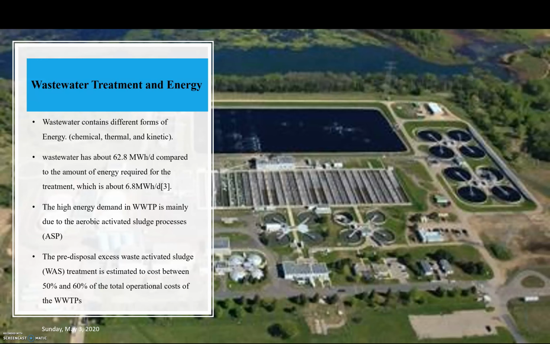The high energy demand in the water treatment plant is due to the aerobic activated sludge process, which requires pumping of large flows into the biological tank. This process requires more than 50% of the entire energy demand of the conventional facility.